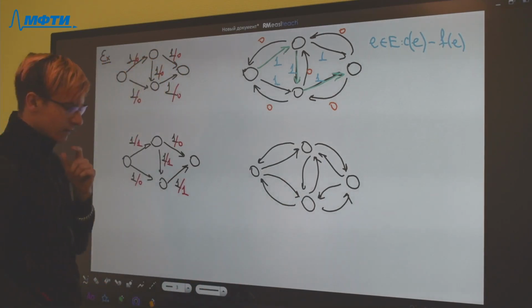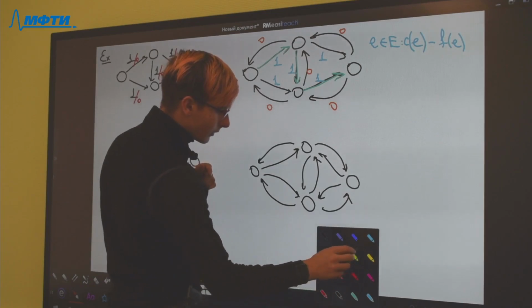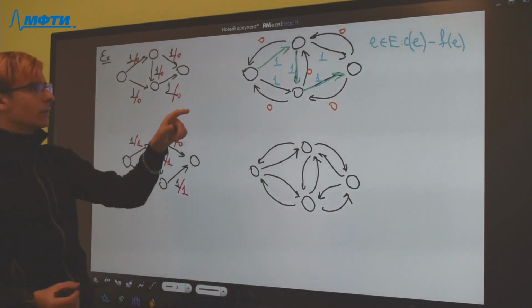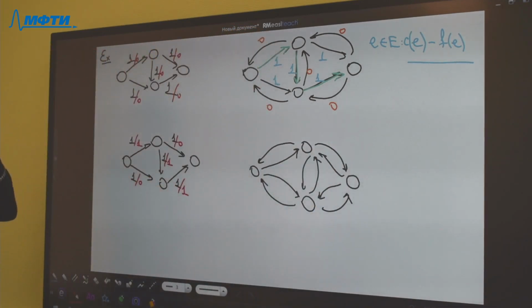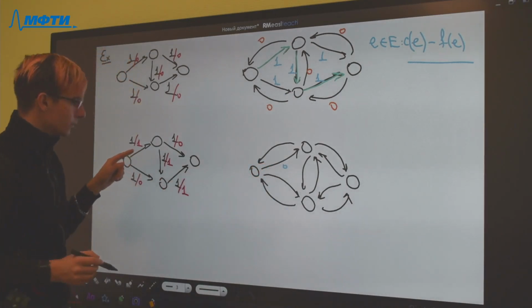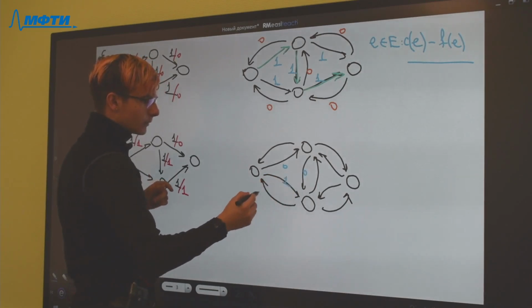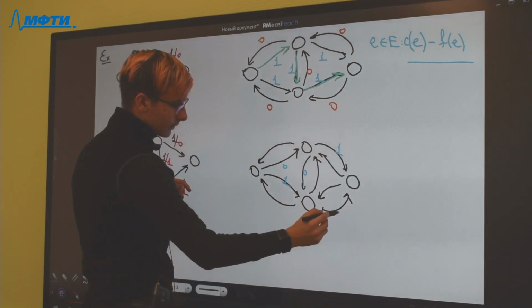And as I said earlier, these are the capacities of these edges: for this we have 0, for this we have 0, for this we have 1, 1, and 0, 2.